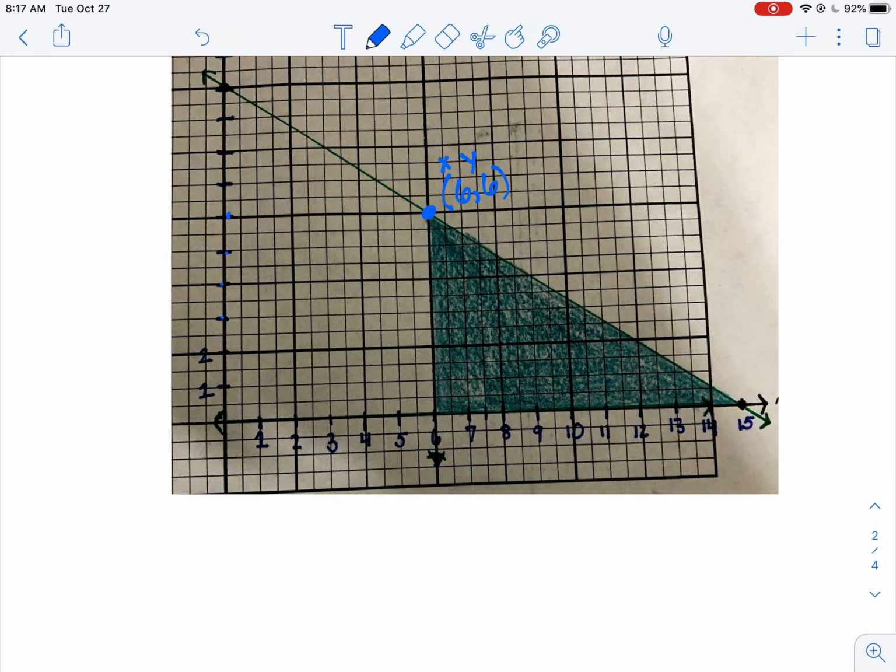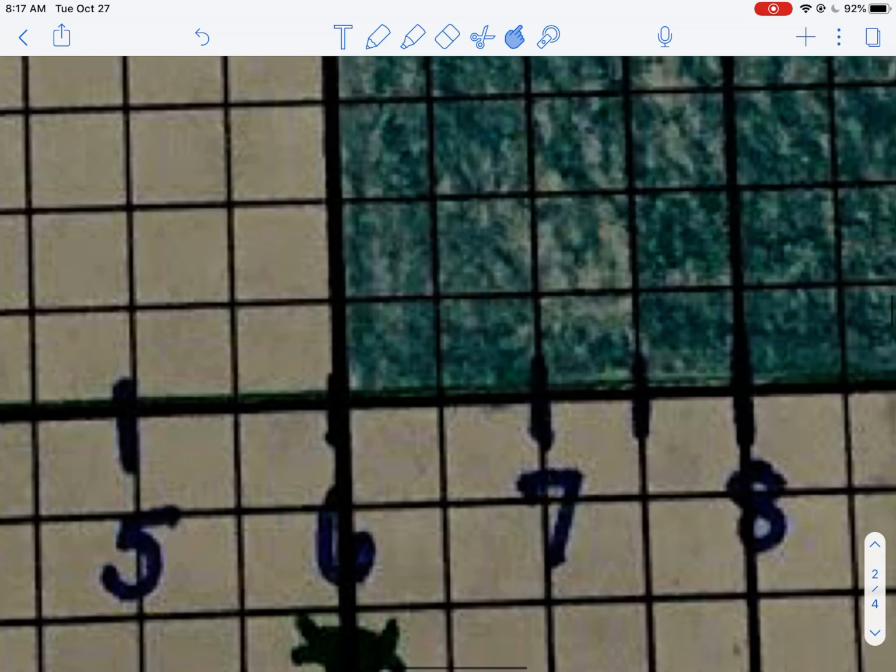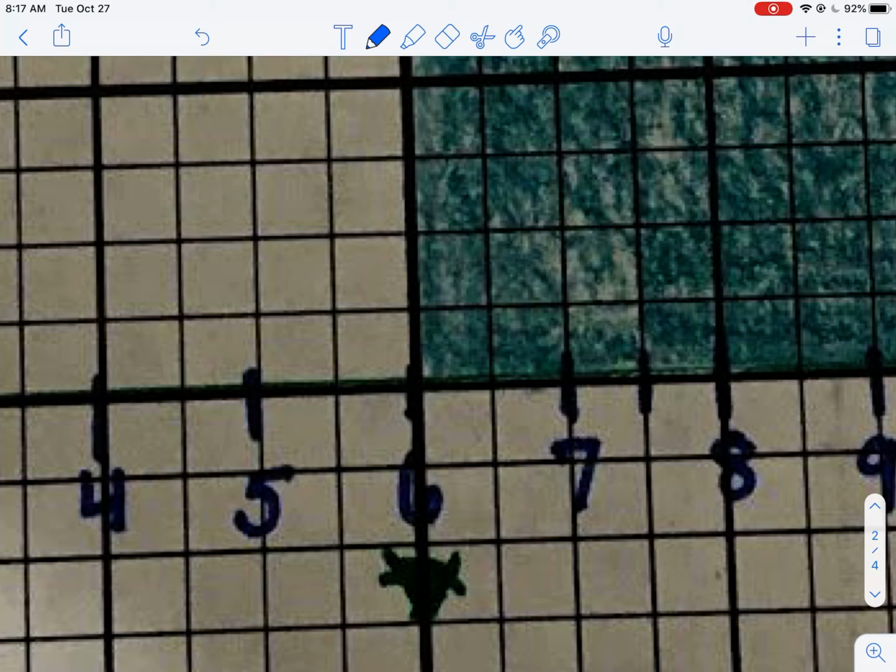I go down below here and find another corner: 15, 0. First value is x, next value is y. Then I find that last corner, and because we had a triangle, it was nice and easy. The coordinates are 6, 0.